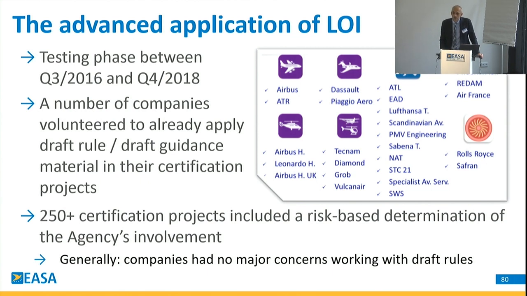As a result, we had a participation of about 25 organizations, and they are listed in this slide. As you can see, they represent more or less all the industry. There are big companies working on large aeroplanes, companies on rotorcraft, STC holders, general aviation companies, and also engine manufacturers. So we believe that the participation in this initiative was quite representative.